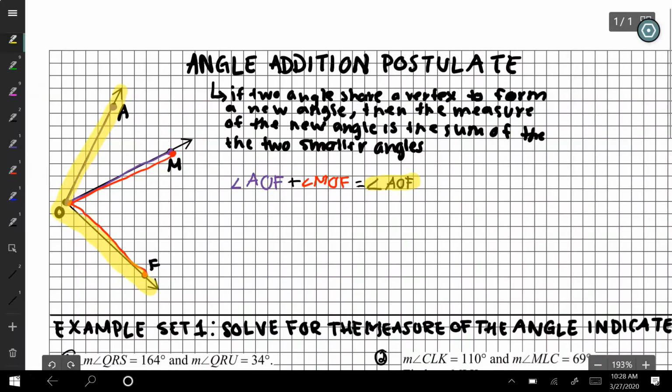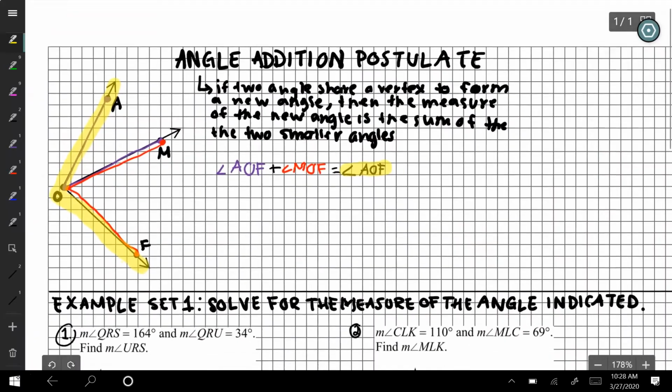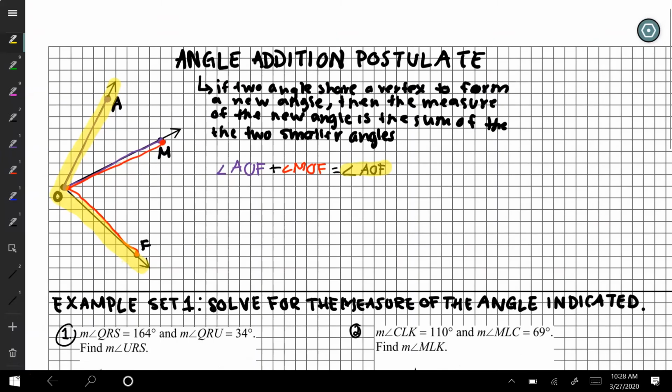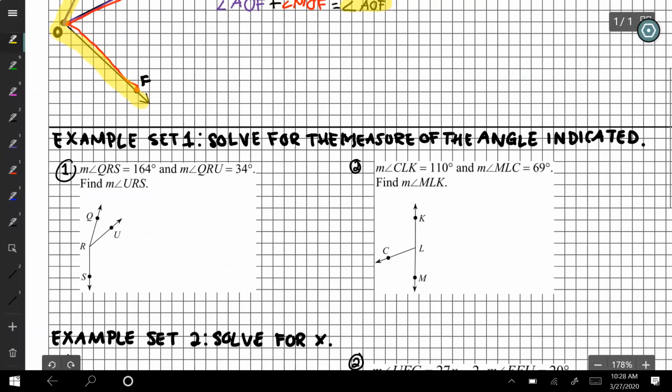In the first example set, we're only going to solve for the measure of the angle. Alright, so in this example, the measure of angle QRS is 164 degrees.